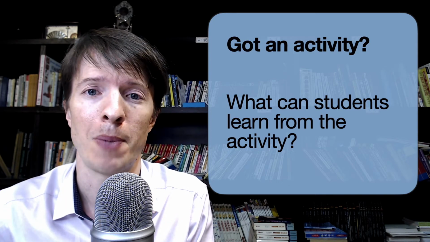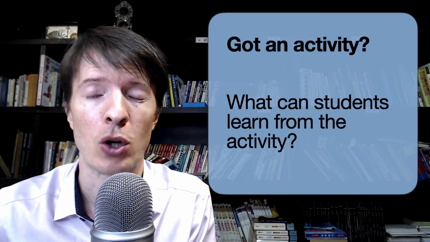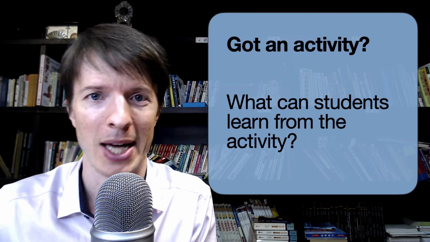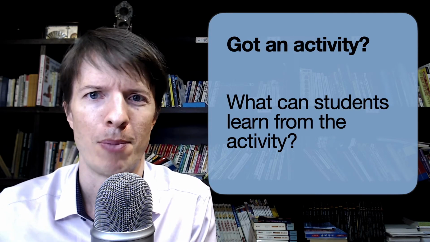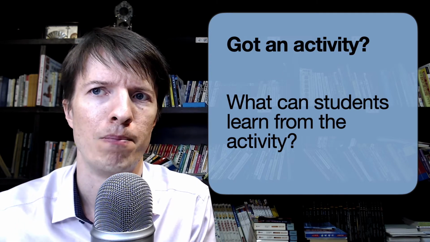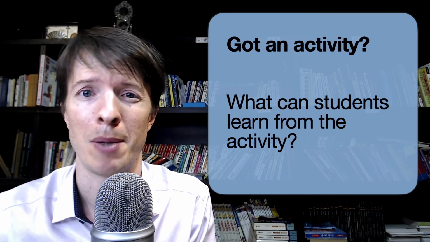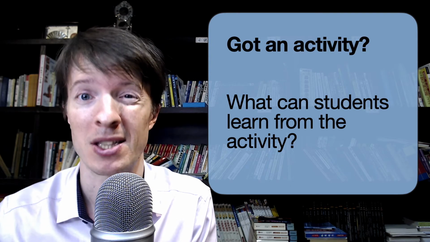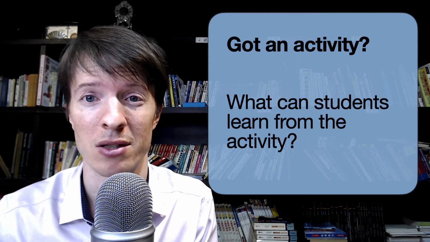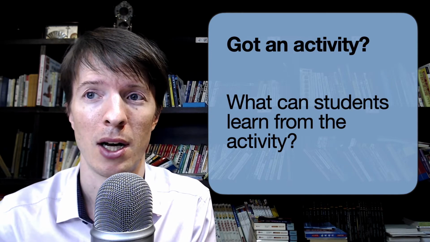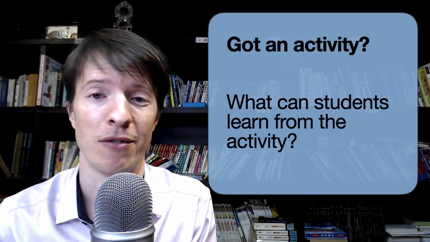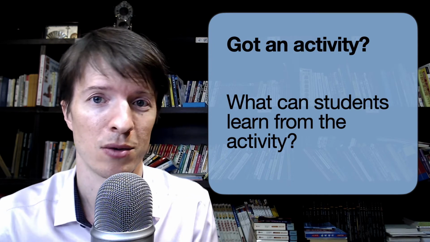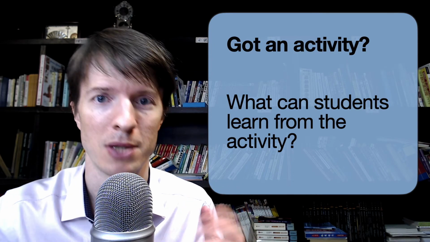For building a robot, maybe the goal is not to have these students be expert robot builders, but maybe to teach them about planning and testing and iteration. Maybe it's about collaborating with other people. Maybe it's about fulfilling multiple constraints, a multiple constraint problem.